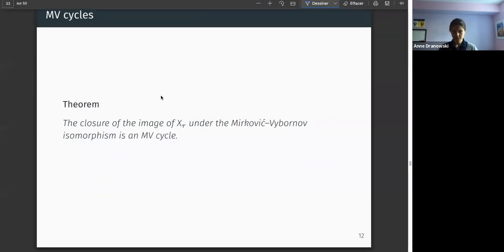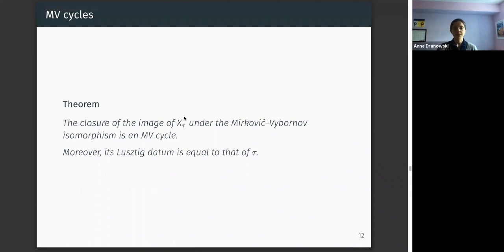And the main result that we have is that the closure of the image of these generalized orbital varieties x tau under this Mirkovic-Vybornov isomorphism is an MV cycle. The closure of the image of a given generalized orbital variety is an MV cycle on the right-hand side, so just an irreducible component of the right-hand side, but can be matched up.